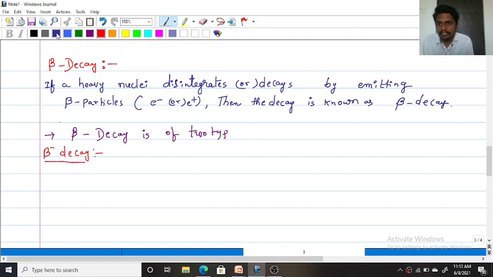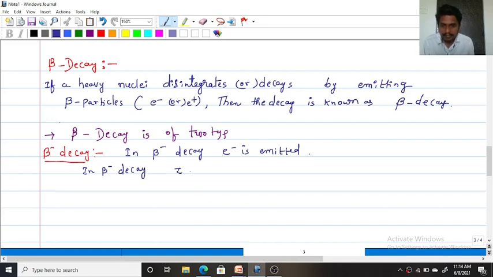In beta minus decay, an electron is emitted from the nucleus.